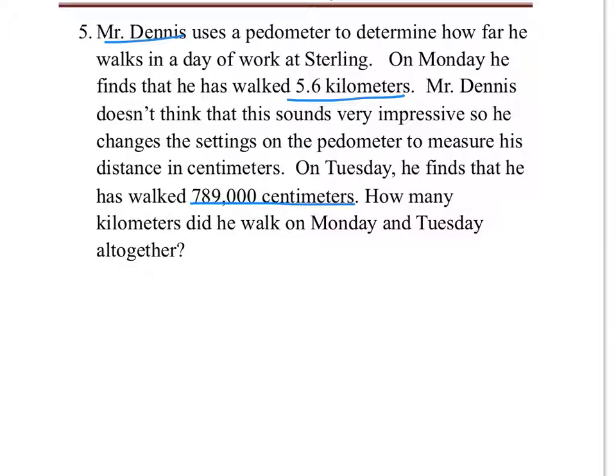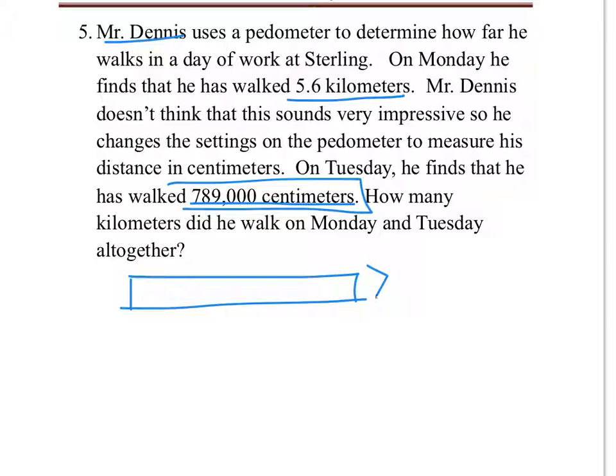And so, well, let's figure out, first, I would suggest, let's figure out how many meters are in 789,000. So we say, okay, we've got this big number, 789,000. And how many are in each meter? So here's our meters.